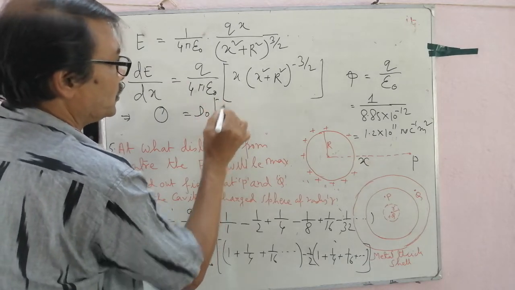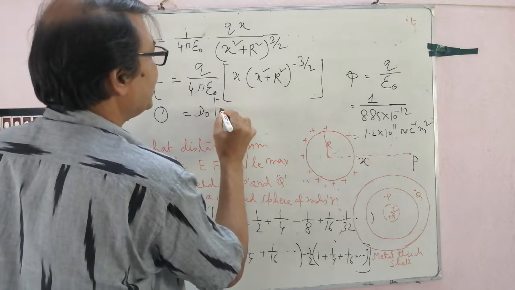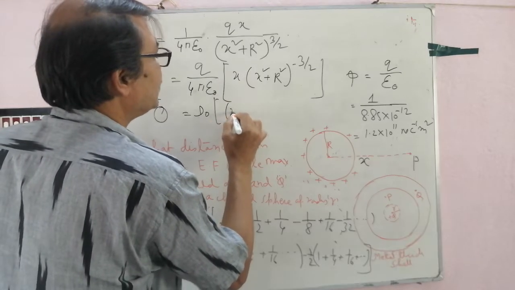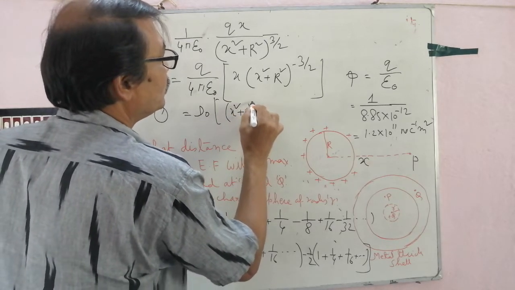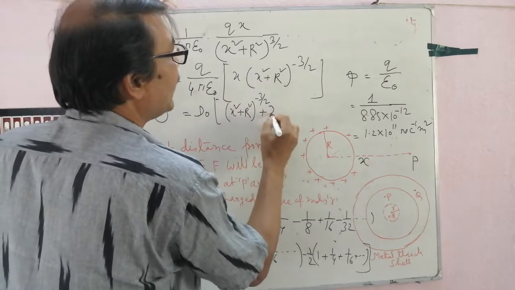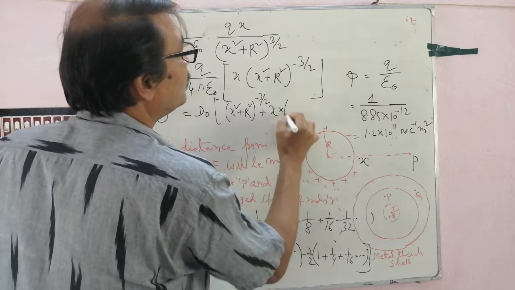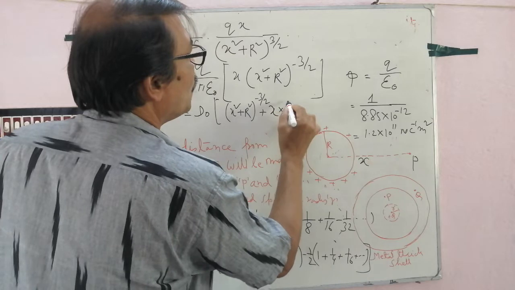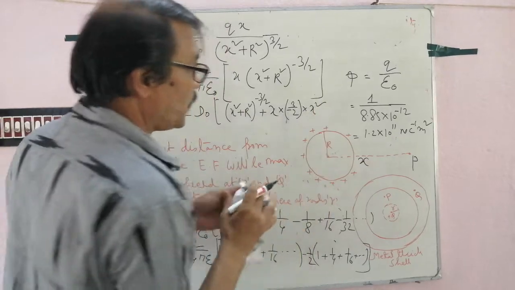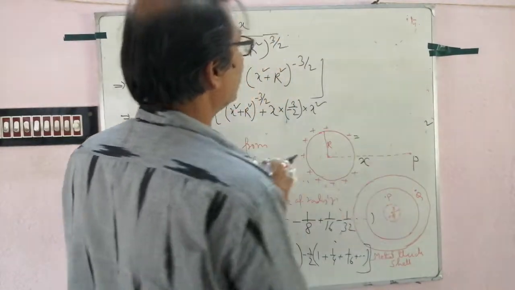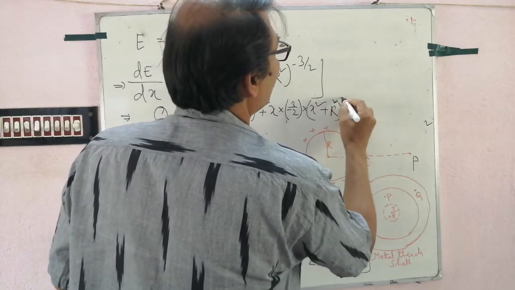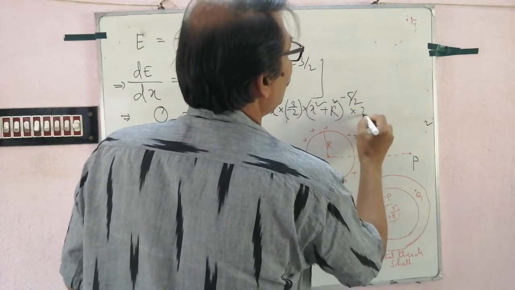Now the derivative of the first term x, derivative of x is 1, second term constant, plus this term constant, second term derivative: minus 3/2 into (x square plus r square) to the power minus 5/2 into 2x.